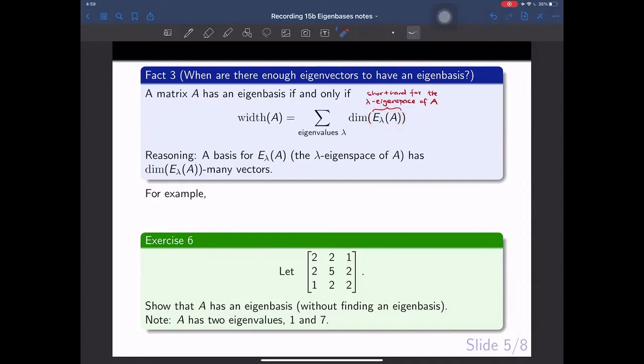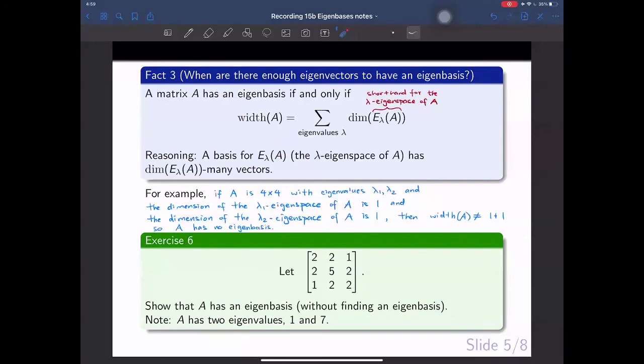And the reason why this works is because a basis for the lambda eigenspace of A has as many vectors as the dimension of the eigenspace of A. For example, if I have a matrix that is 4 by 4, and I know it has exactly 2 eigenvalues, lambda 1, lambda 2, and I was able to compute the dimension of both eigenspaces, and I see that they both have dimension 1.